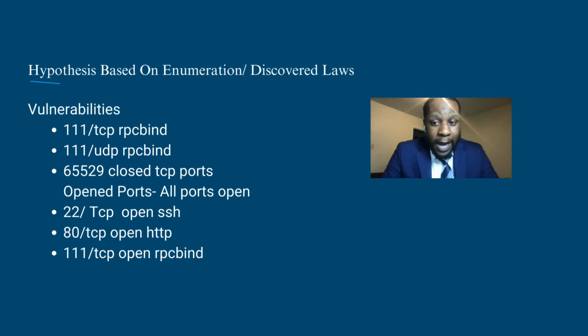Now, based on my hypothesis, here are the things I discovered while I ran my commands. The vulnerabilities I noticed were TCP RPC bind and 111 UDP RPC bind, and 65,529 closed TCP ports.